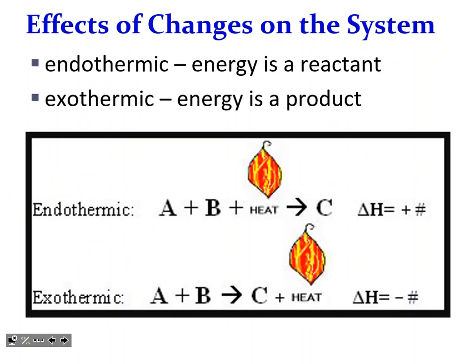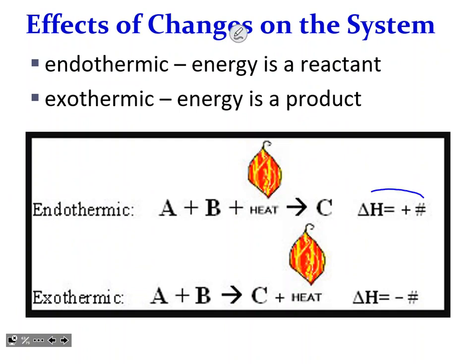Now let's talk about endo and exothermic reactions, because you need to be able to identify them. You need to know where the heat is before you can decide how a change in temperature is going to affect the system. Recall that in an endothermic reaction, heat or energy is considered a reactant, and it's going to be on the left side of the arrow. In an exothermic reaction, heat or energy will be a product, on the right hand side of the arrow.